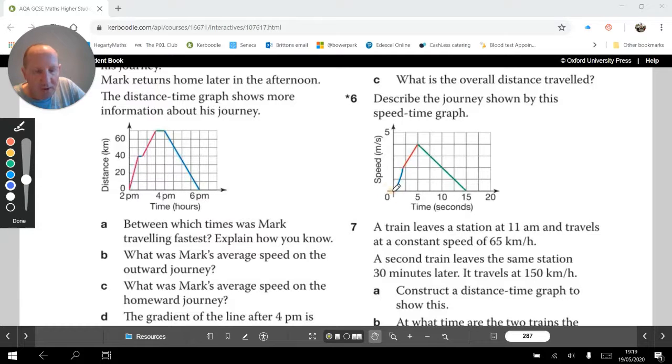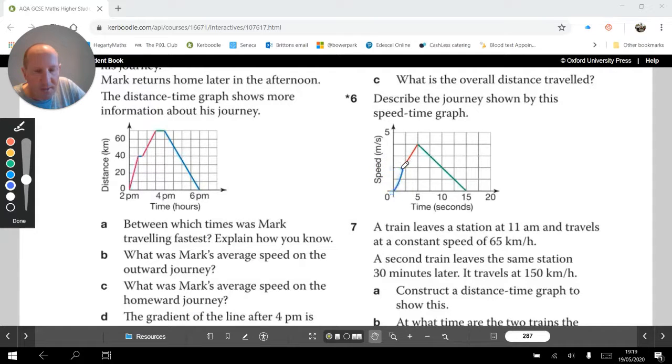We're starting from 0, so we're starting by not going anywhere. Starting at rest, as I say scientifically, and you're getting quicker and quicker and quicker until you get up to a speed of what looks to be 2 meters per second.